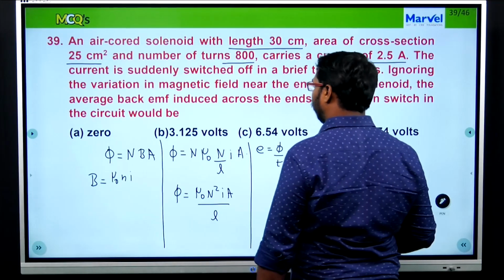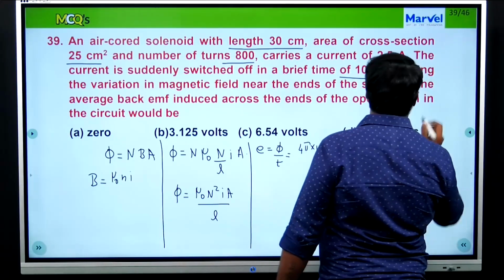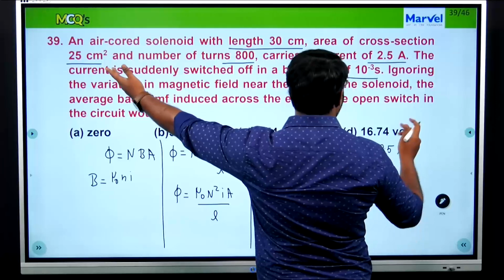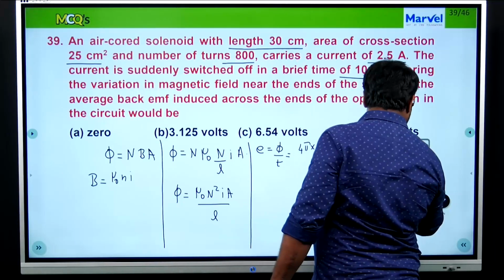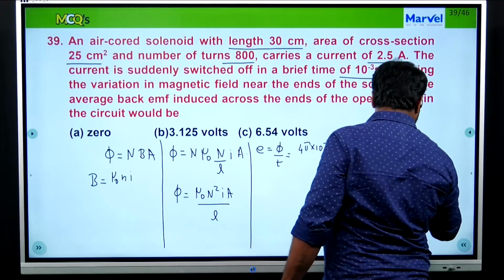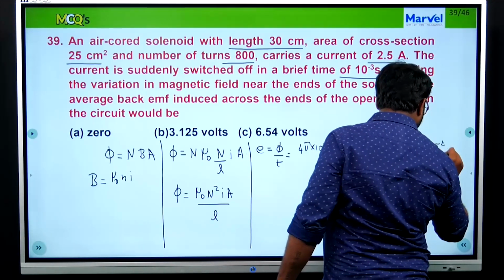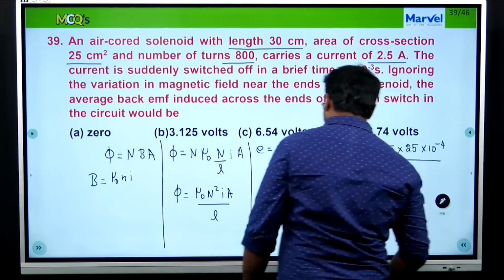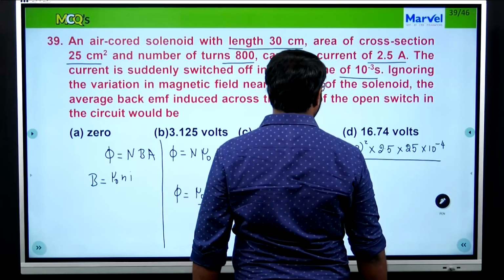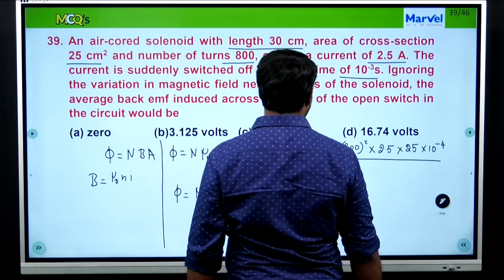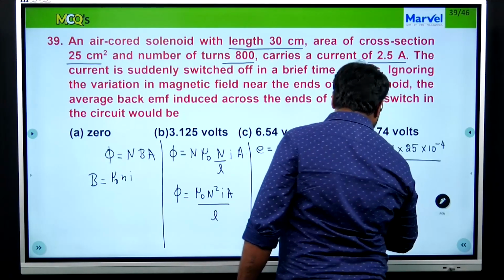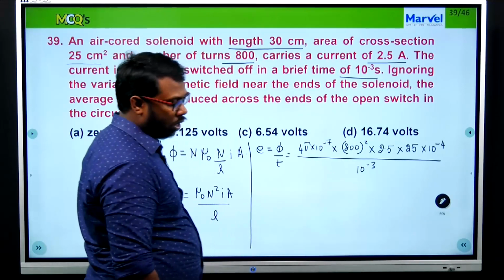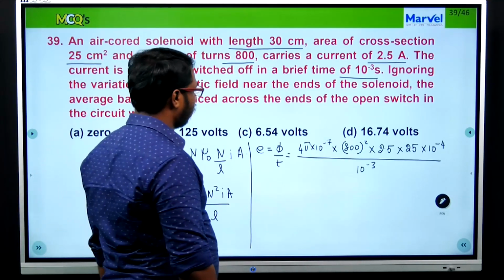The cross-section area is directly given, but in terms of centimeter square, so to convert it to meter square, I multiply it with 10 power minus 4, divided by the time that is given to us, 10 power minus 3 seconds.